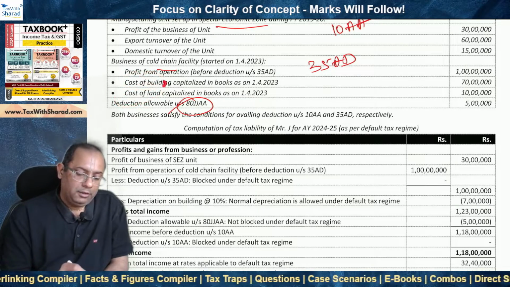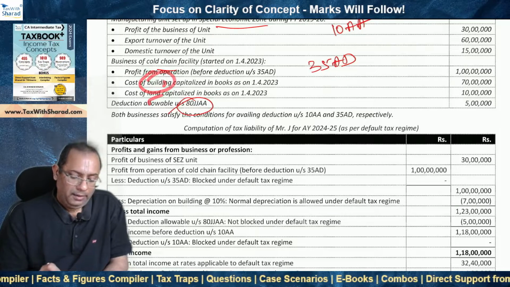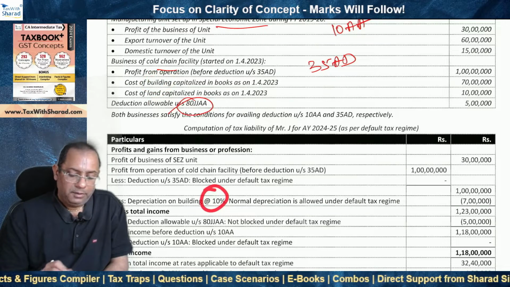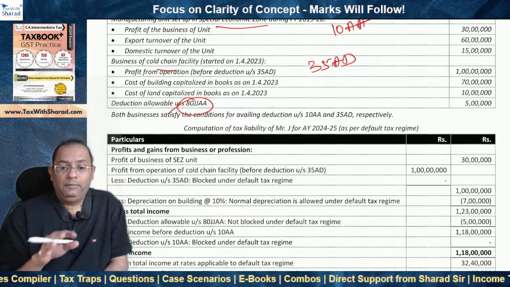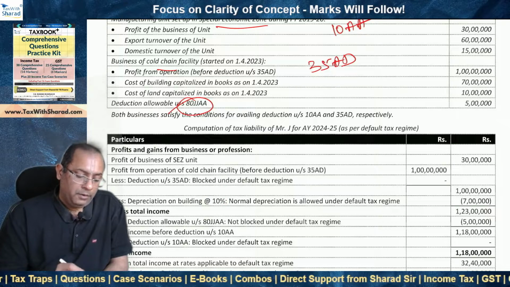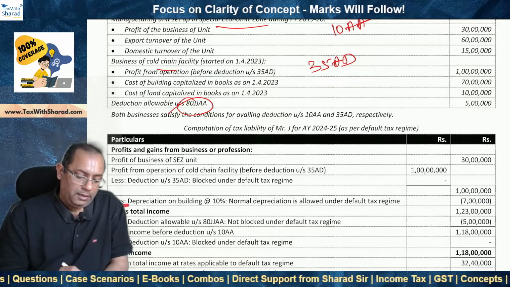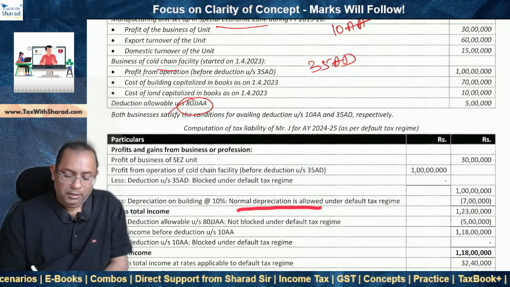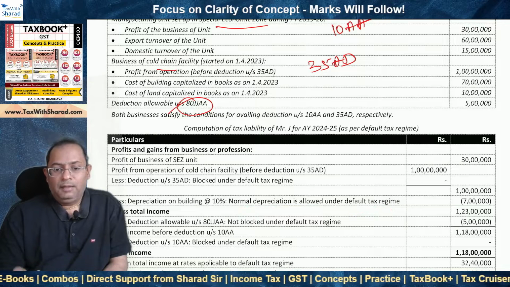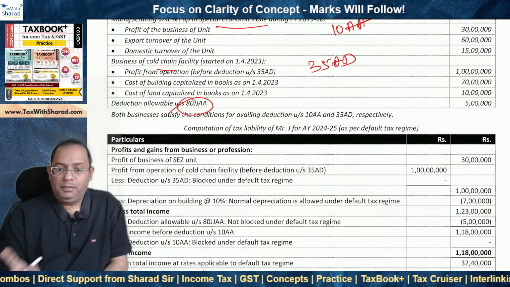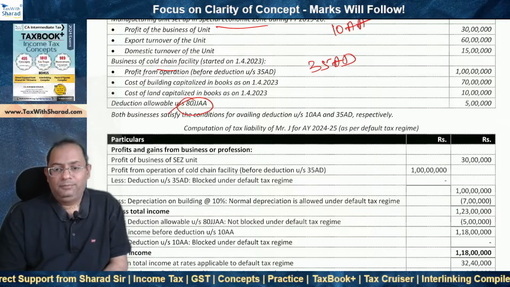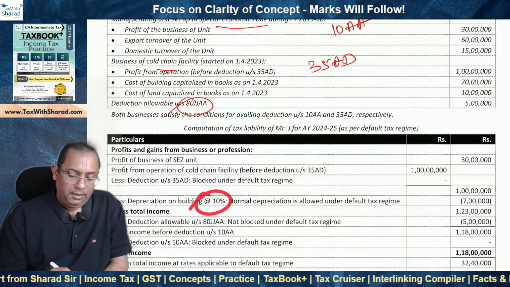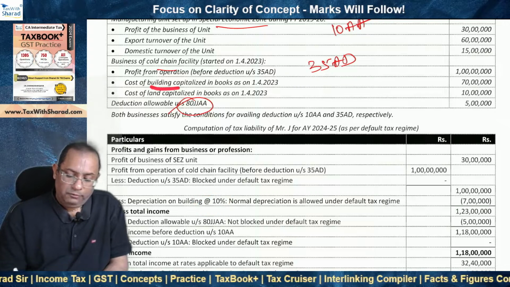And you know depreciation is allowable on building, it is not allowable on land. And the rate on building is 10%. So all this may not be given in the question, so you will need to figure out. So then you write less depreciation on building at the rate of 10%. Normal depreciation is allowed under default tax regime. Under default tax regime, normal depreciation is allowed, additional depreciation is not allowed, right? So normal depreciation at the rate of 10%. Cost of building is what?